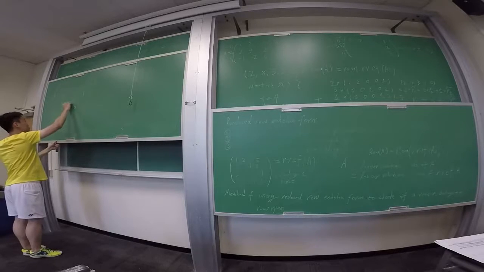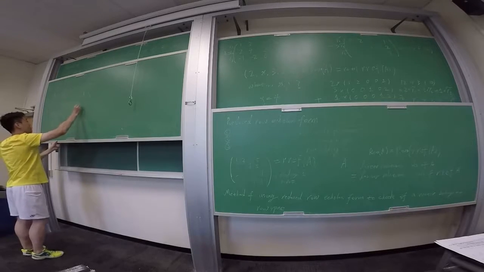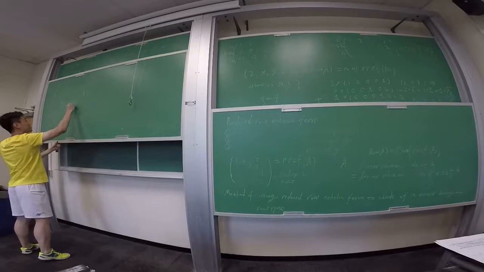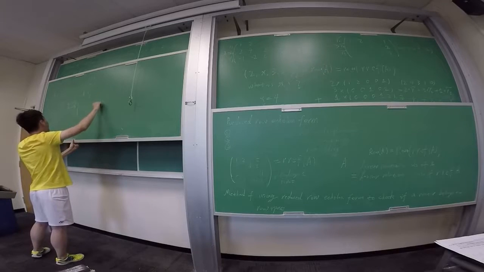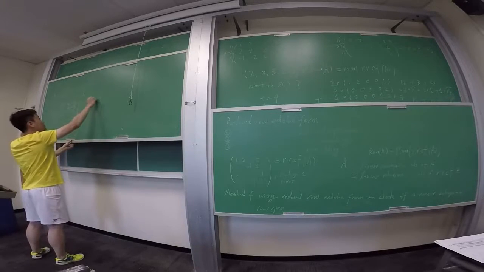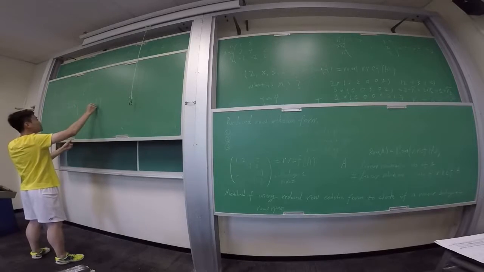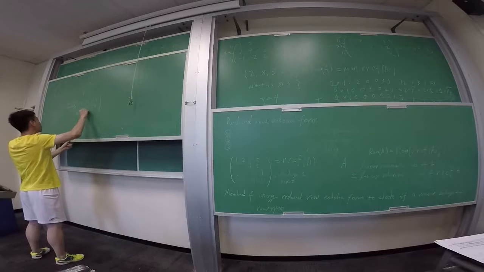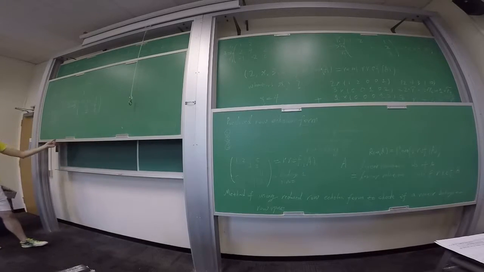The second row minus the first row, and then the third row minus 1 times the first row, and then you get 1, 1, 3, 0, 1, 4, and 0, 2, 8.